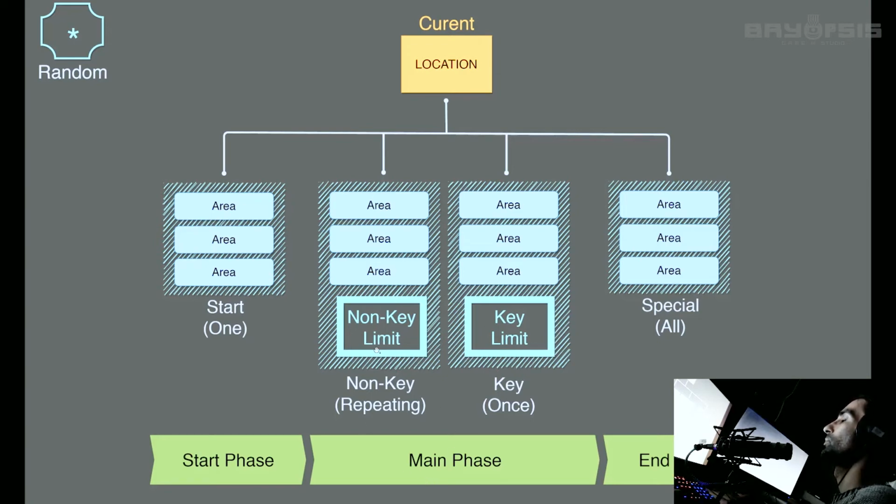This loops many times, and at some point it might end. There's a possibility that if you have an infinite limit and areas on the repeating one, the non-key, it stays here forever. This is an option.